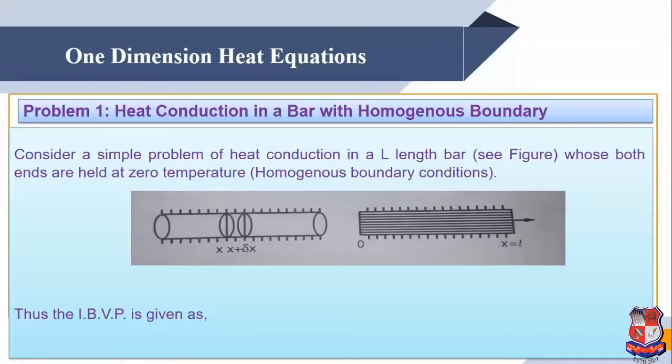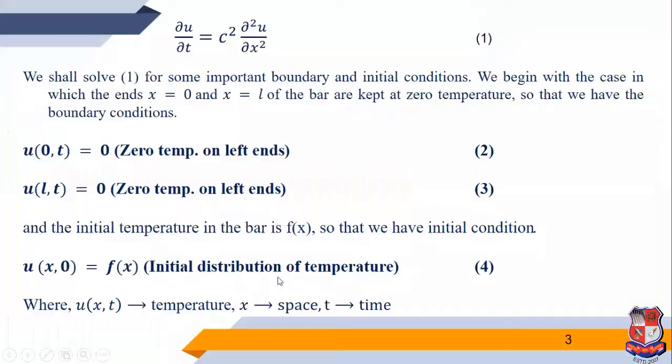Thus, the initial boundary value problem is given as del u by del t is equal to c square del square u by del x square. This is the one dimension heat equation. So any problem which is based on heat conduction in a bar, we use the one dimension heat equation.